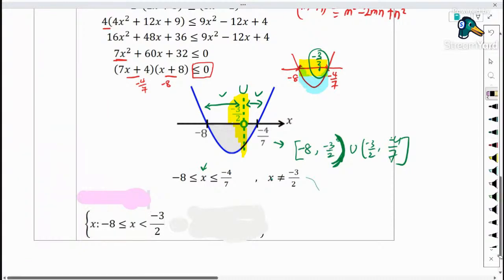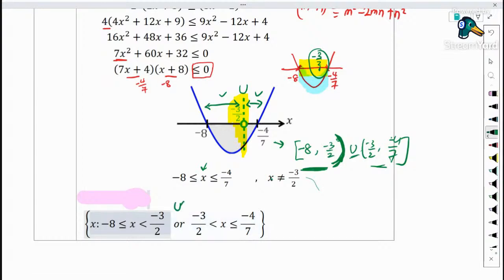The set notation starts with the curly bracket, x, which is the variable in the question, then the first inequality on this part, then followed by the second inequality. In between these two inequalities inside the curly bracket, it will be "or", corresponding to the union notation. Inside here, you shall not use the union notation, and you shall not use a comma.